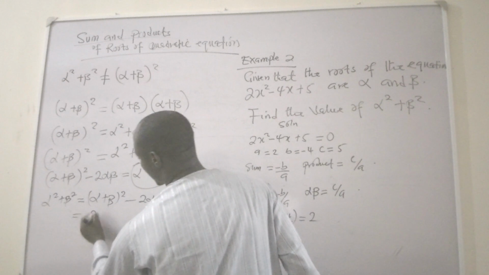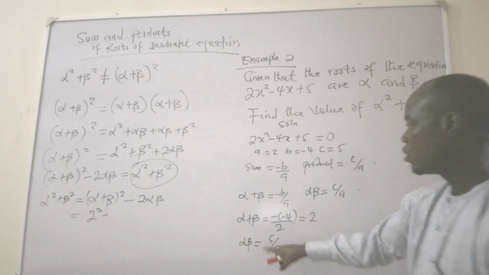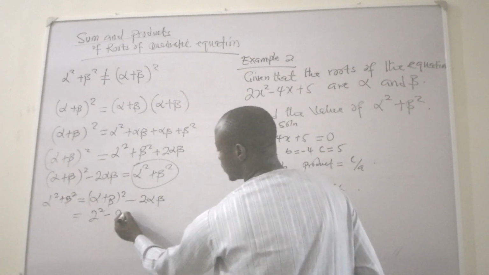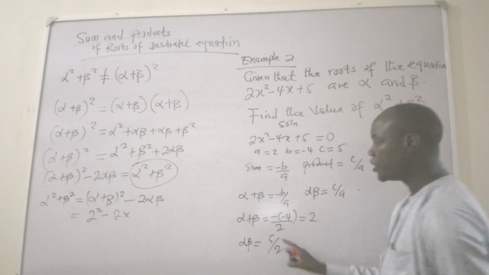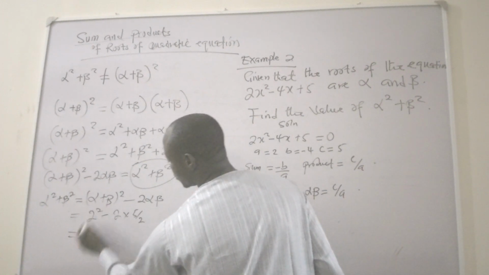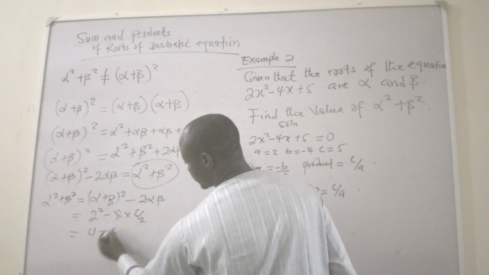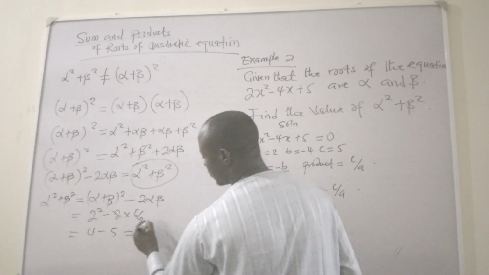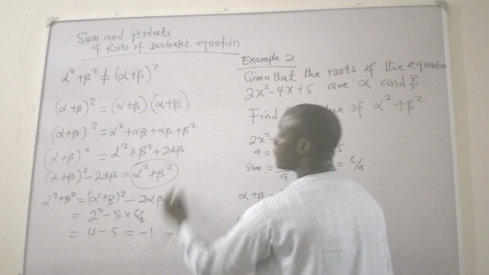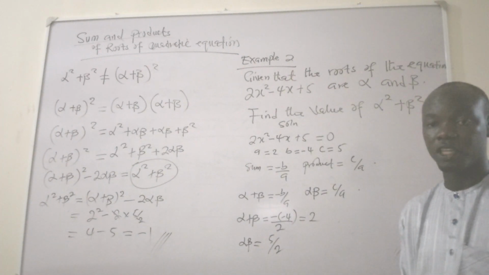So we now have 2 squared minus 2 times our alpha beta, which is 5 divided by 2. So 2 squared is 4. This 2 will cancel this, so we have minus 5. So we now have alpha squared plus beta squared equal to minus 1. So this is how to find alpha squared plus beta squared.